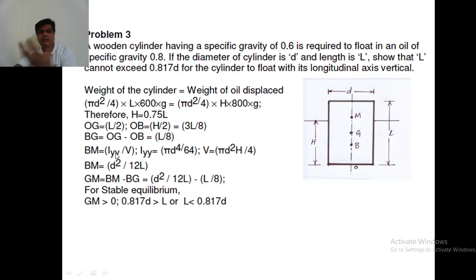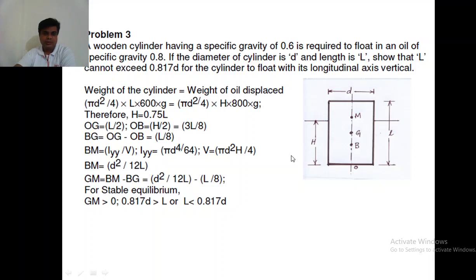The moment of inertia of the circle cross section is pi d to the power 4 by 64, about the diameter, and the volume of this immersed body is pi by 4 d square into h, the depth of the body immersed in water. So what will happen to this BM? BM is d square by 12L.